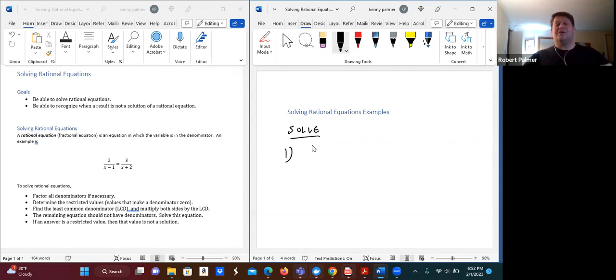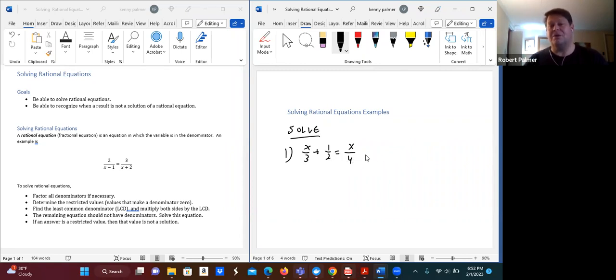I want you to see that the process is very much like what we do when we have an equation with any kind of denominator. So let's say we have this equation: x over 3 plus 1/2 equals x over 4. If you need to factor anything, make sure the denominators are factored into their simplest terms.